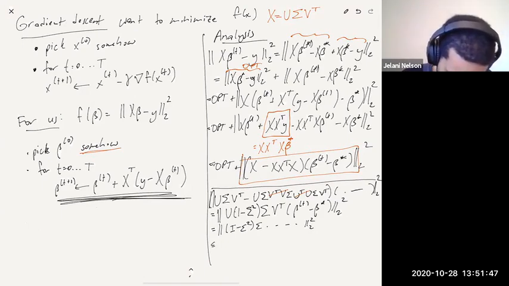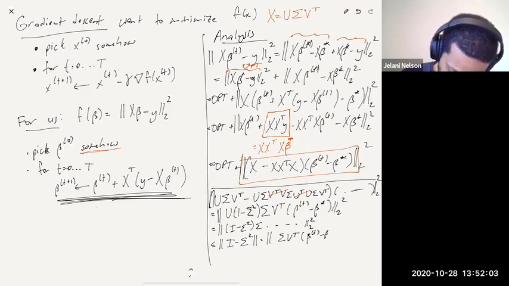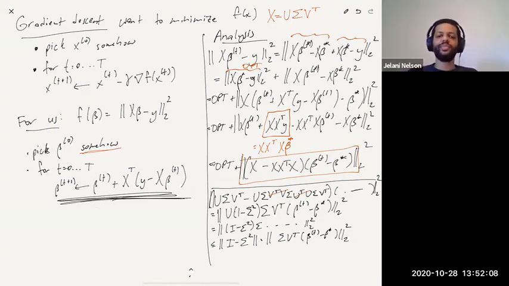So this is at most the operator norm of identity minus sigma squared times the norm of sigma V transpose times that beta T minus beta star. And again, putting in a U or removing a U doesn't change the norm of anything. So let's put U back, and then this is just equal to x again.